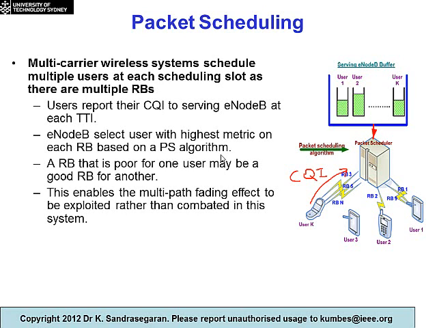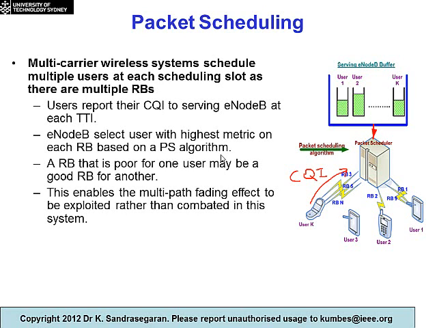So the user who has the highest metric on a particular resource block is allocated that resource block. So one resource block could be good for one user, but bad for another user. The one for which it's good will be allocated the resource block. This way we can overcome the effect of multipath fading.